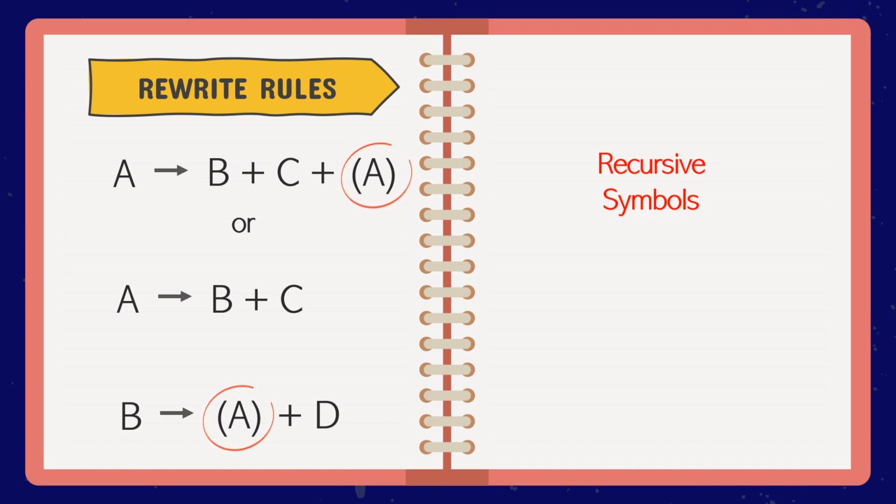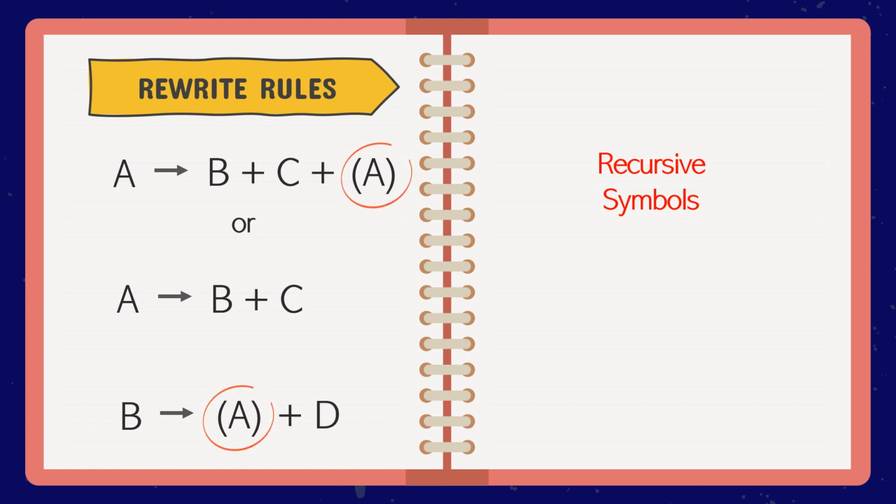If a symbol introduces itself, it is known as a recursive symbol, as A in this rule, A is expanded as B plus C plus optional A. If A introduces a symbol and that symbol later introduces A, we also call it recursive.